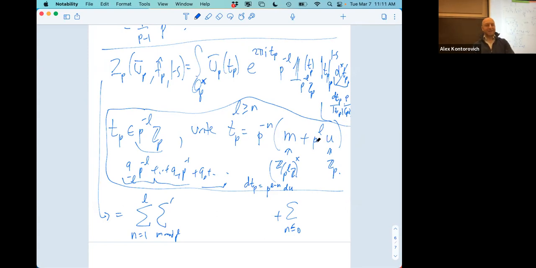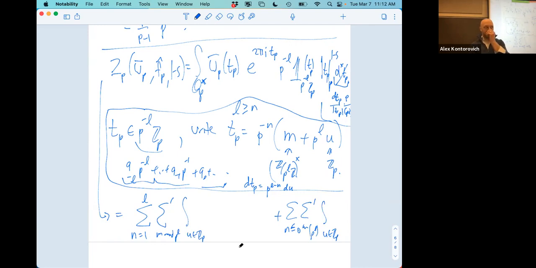Yes, I'm saying U is my new variable of integration. Yeah, for fixed N and fixed M. So there's an M sum here as well, M mod P to the L prime. And now I have to integrate over U, the integral over U in Z_P.